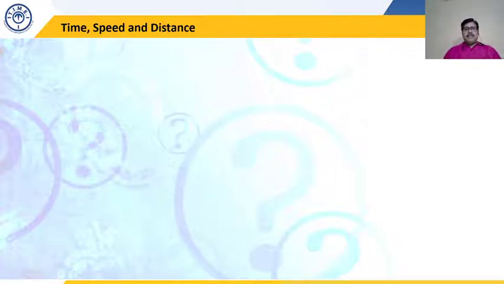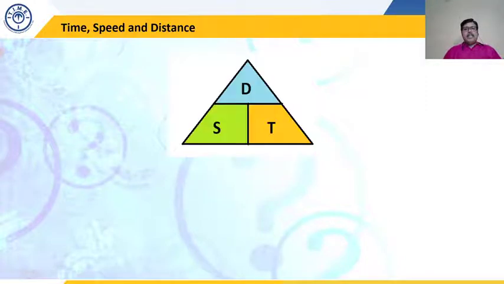You know that speed means distance covered in a certain amount of time. So distance upon time is equal to speed. And distance divided by speed is equal to time taken. If you want to calculate the time taken to cover a certain distance, then distance must be divided by speed.